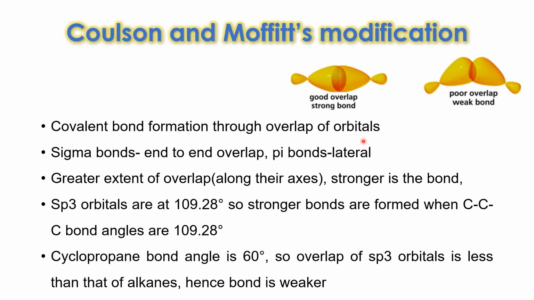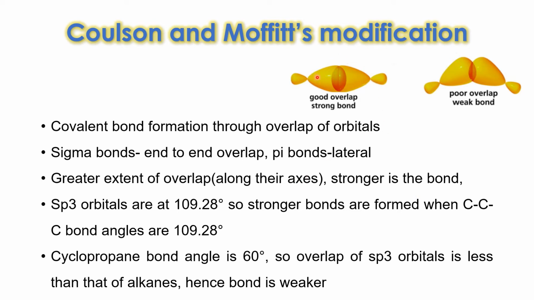In cycloalkanes, we know all carbons are sp3 hybridized. Coulson and Moffitt proposed that the greater the extent of overlapping, the stronger the bond. But if overlapping decreases, then the corresponding bond will turn weaker.